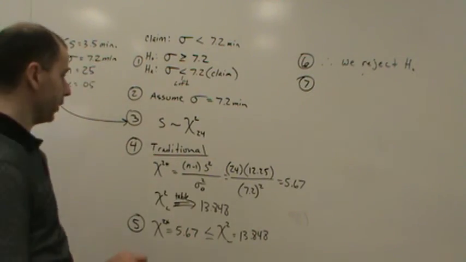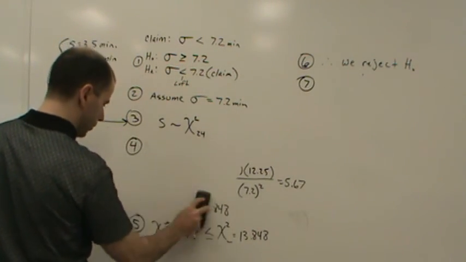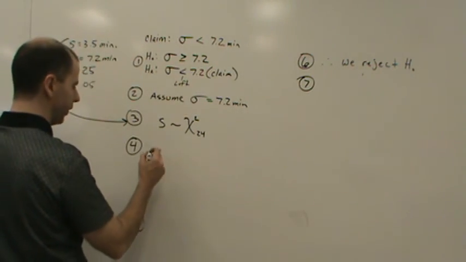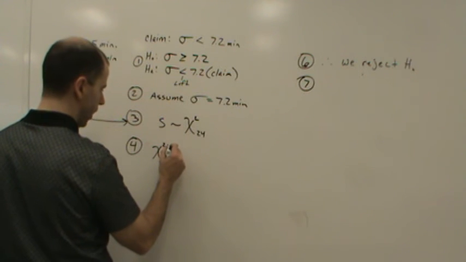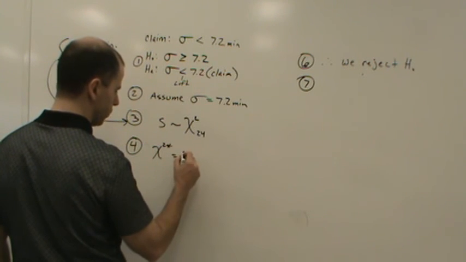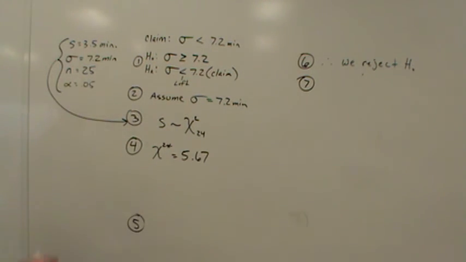Now, we can use the p-value method, and I'll show you how to do that. With the p-value method, we still need to calculate chi-squared star, so there's no way around that. We're going to use that for our p-value.